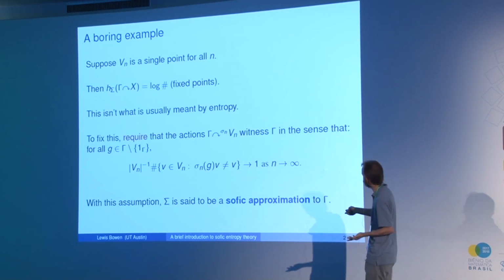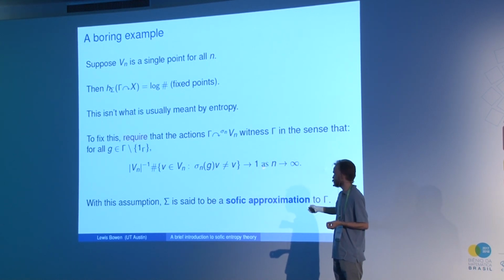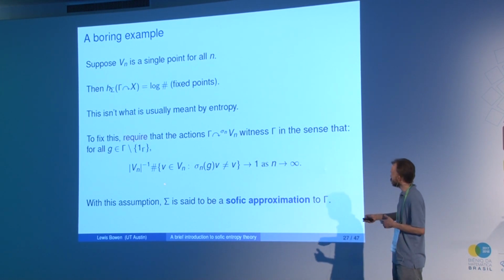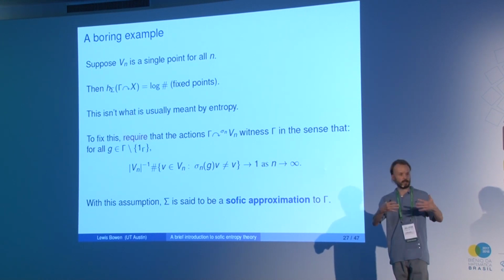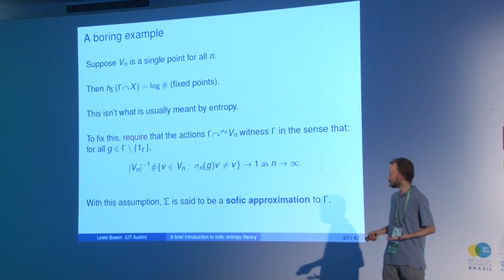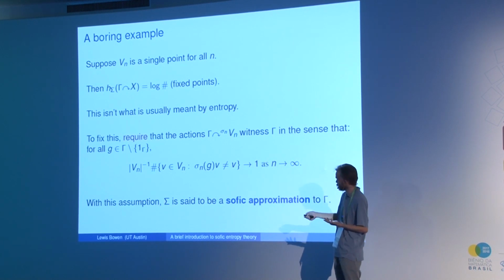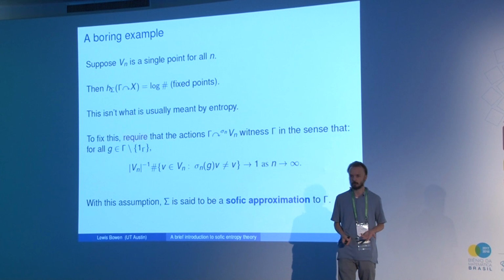And what we mean is that if we take any non-trivial element of the group, then the fraction of vertices which is moved by that element tends to 1. So this is looking more and more like the action of the group on itself by left translation. And that's the idea to have in mind. If this assumption holds, then we say that this sequence of actions is a Sofic approximation.